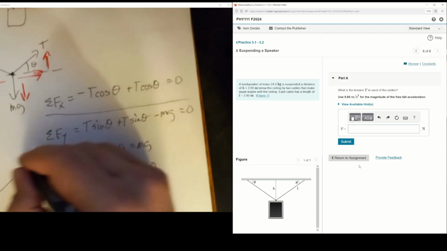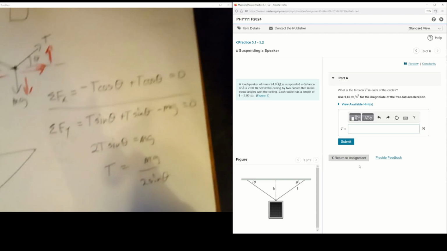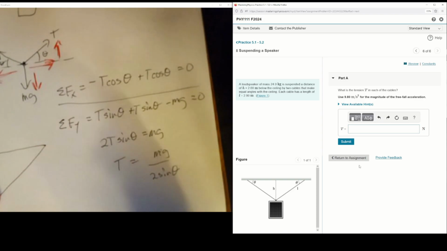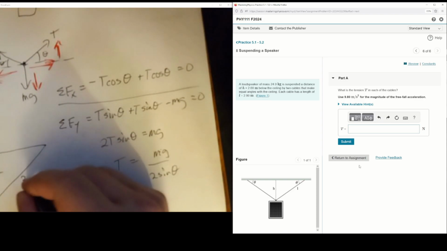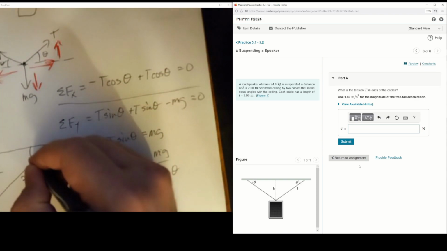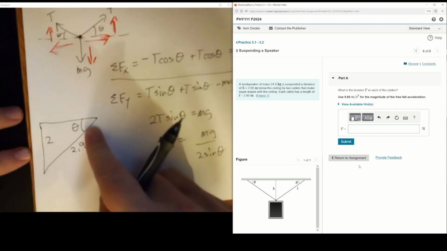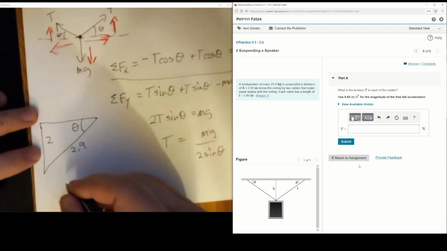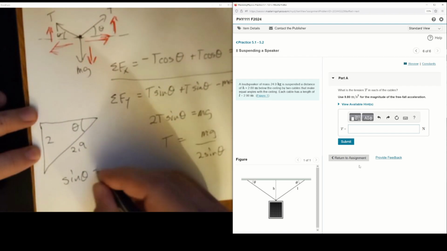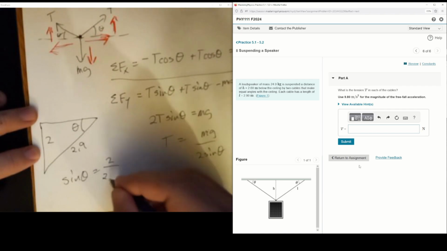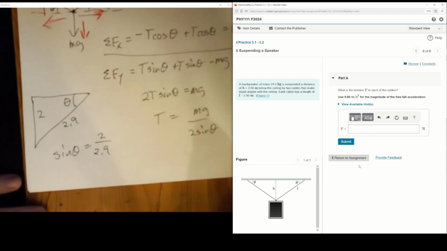Now the angle, they're giving it to us in a kind of Pythagorean way here. So they're telling us the height here is 2. They're telling us the hypotenuse is 2.9. And so from this information, we can get the angle. So we have the opposite. So sine is opposite over hypotenuse. So that's going to be 2 over 2.9.